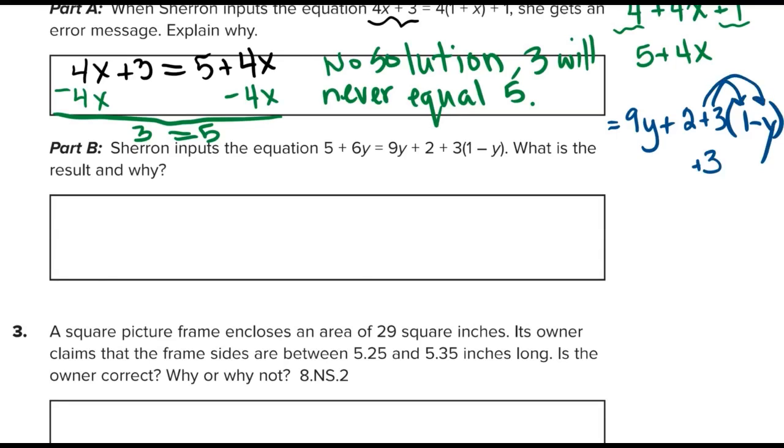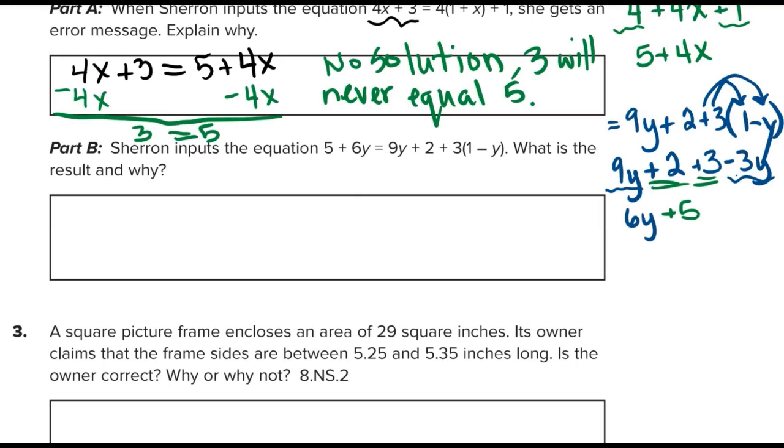I have 3 times negative y. And then I'm going to bring down the other two terms that I didn't do anything with. So let's start with the y's. 9y minus 3y is 6y. And then we'll go over here to these constants. So 2 plus 3 is 5.